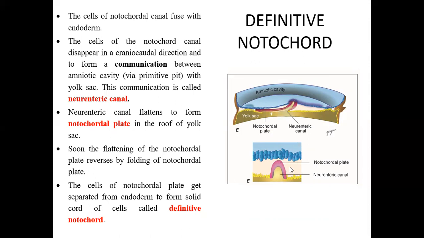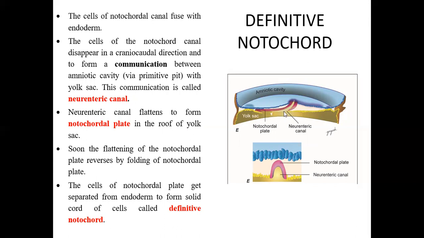What happens next? Soon the flattening of the notochordal plate reverses by folding. It will start folding upon itself, and the cells of the notochordal plate get separated from the underlying endoderm to form a solid cord of cells called the definitive notochord. So firstly, there is migration of the cells to form a notochordal process. There is extension of the primitive pit as the notochordal canal.